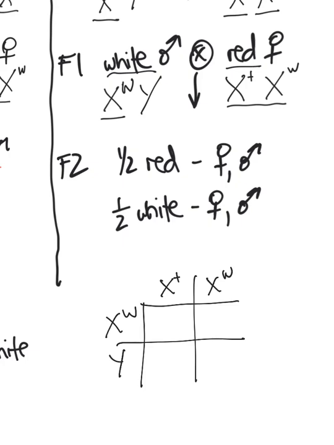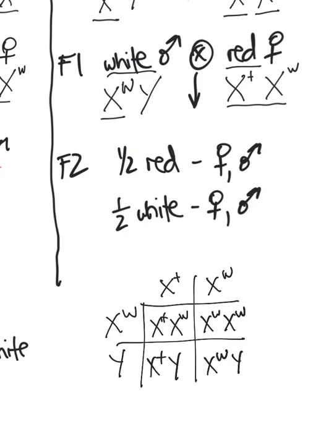And then if we fill in these genotypes, first we're going to generate an X plus X white heterozygous female. Next we would have X white, X white, a homozygous white female. Down at the bottom we have X plus and Y, that would be a red-eyed hemizygous male. And finally we have X white and Y, that would be a white-eyed hemizygous male.